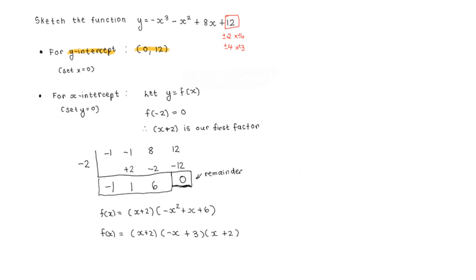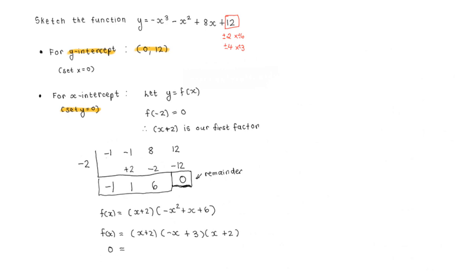Now we go back to this instruction over here, because remember what we are doing is trying to find our x-intercepts. So we are now going to go ahead and set y equal to 0. When we set y equal to 0, we are going to have 0 is equal to, now notice what has happened over here.